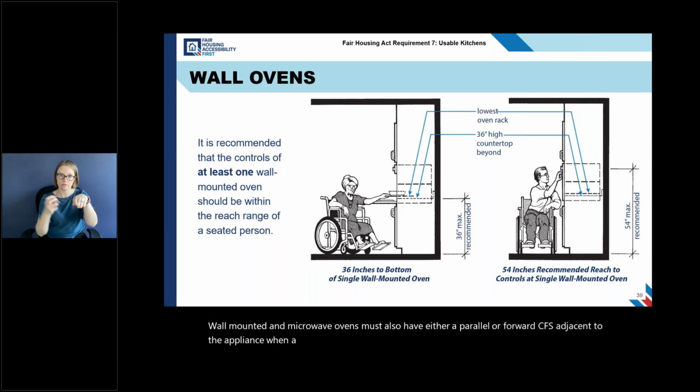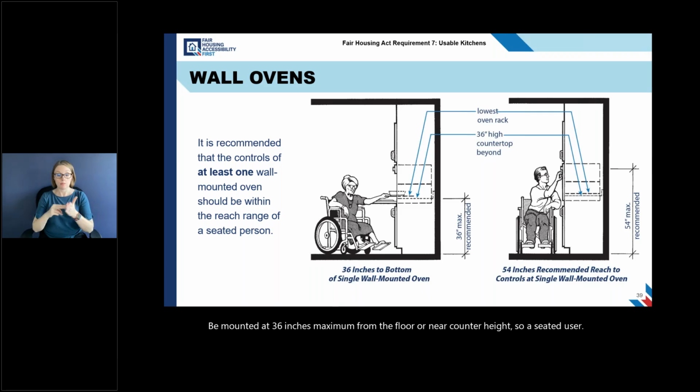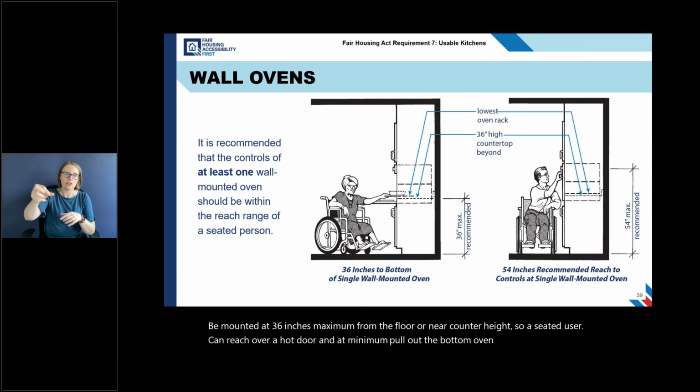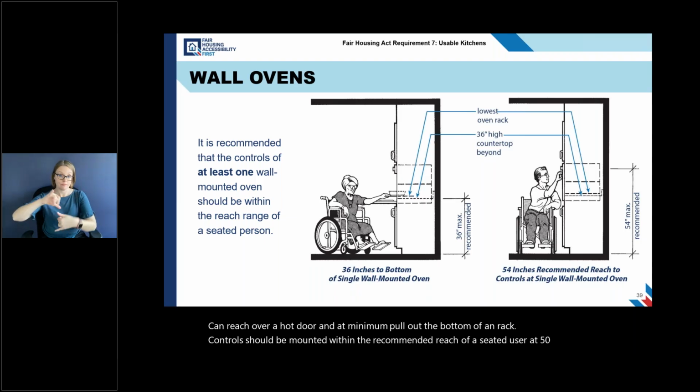When a single wall-mounted oven is installed, it is recommended that the bottom of the oven be mounted at 36 inches maximum from the floor or near counter height so a seated user can reach over a hot door and at minimum pull out the bottom oven rack.